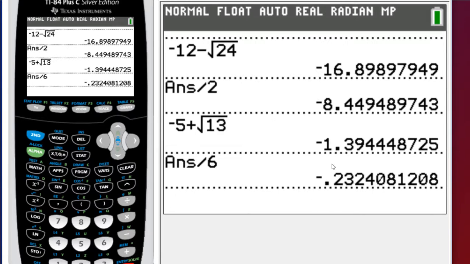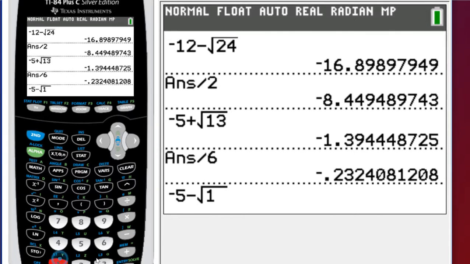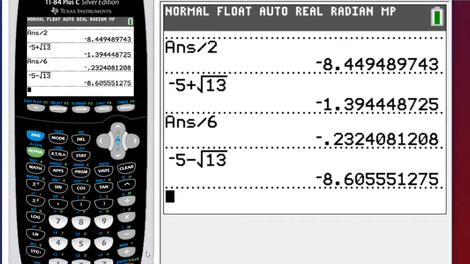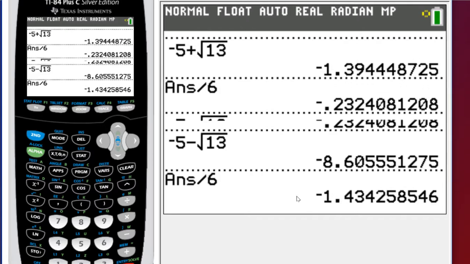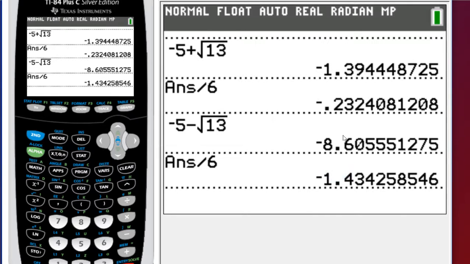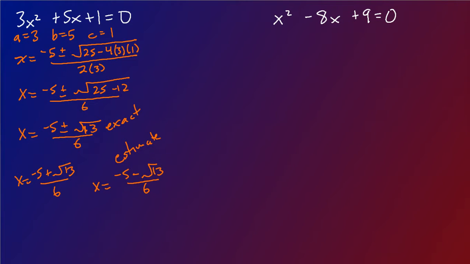And this is my first answer. And then my second answer, negative 5 minus square root 13, and then we divide that by 6 because that's what was in there. So these are my 2 answers for this example. So I won't bother copying them over. There we go. That's the exact. Then our estimate was on the calculator.